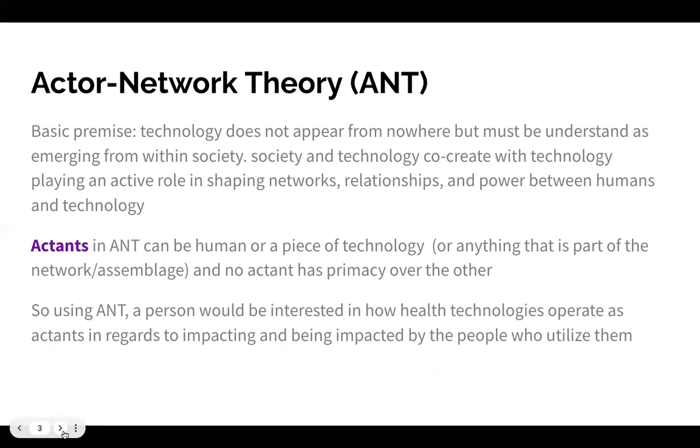And so, if a person was using ANT, a person would be interested in learning or studying how health technologies operate as actants, in regards to impacting and being impacted by the people who utilize them. And there are studies out there that really do look at that.